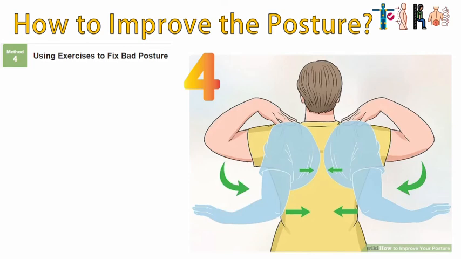And number 4, pretend you're a penguin to stretch your shoulders. This kind of movement or exercise will improve our posture. While you wait for a web page to load or the bread to toast, place your elbows at your side and touch your shoulders with your hands, creating your penguin wings, just like in this picture.